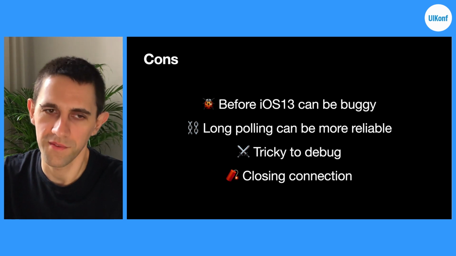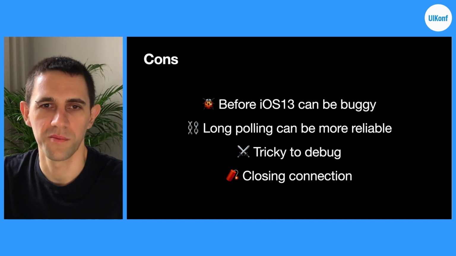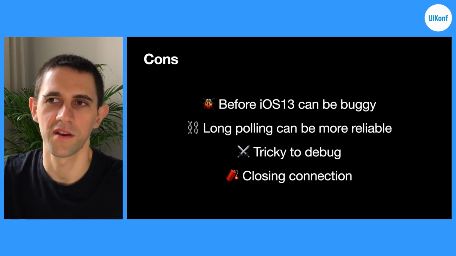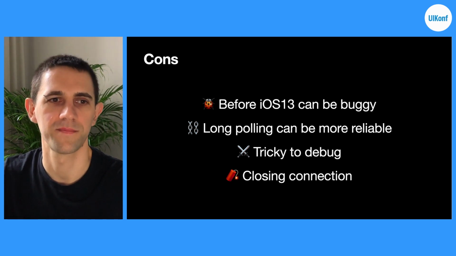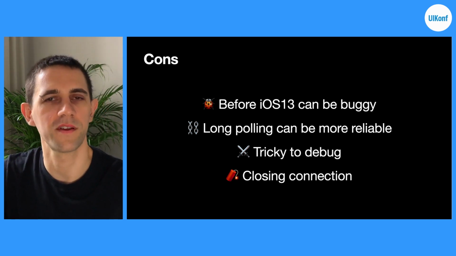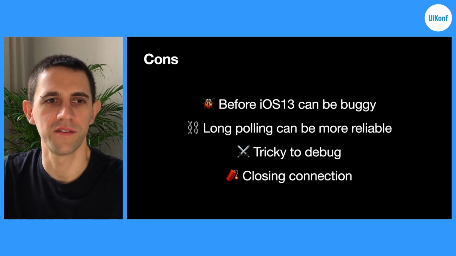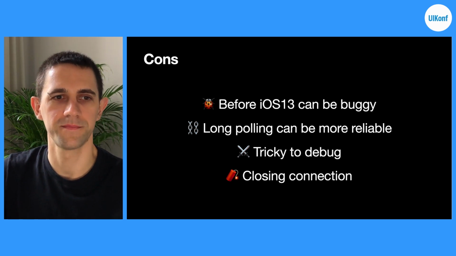With WebSockets, if we haven't received some messages, we don't particularly know. So we need another agreement, like counting how many messages we have received or sent, and then the other side informs us that it has received them. It's really tricky to debug, but a couple of tools help out there.